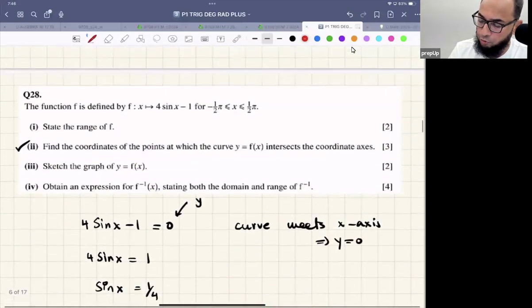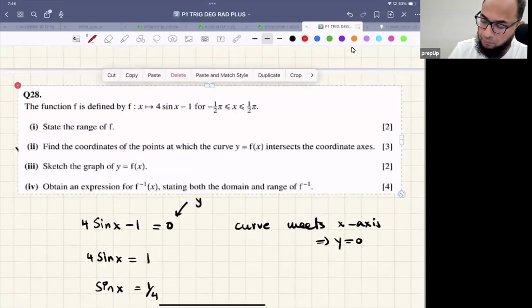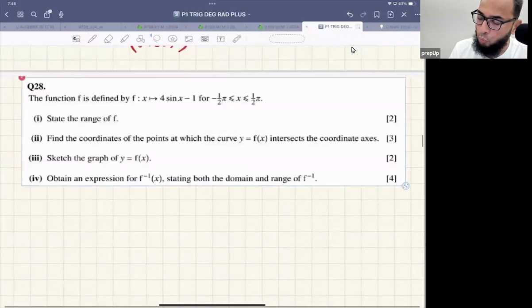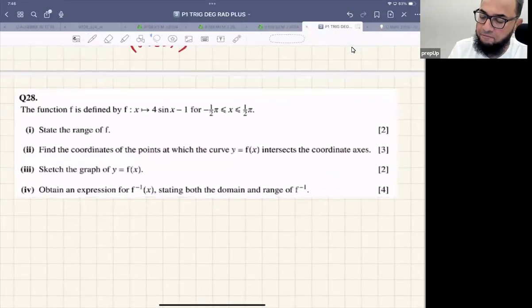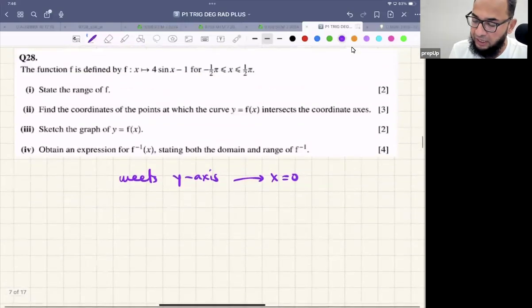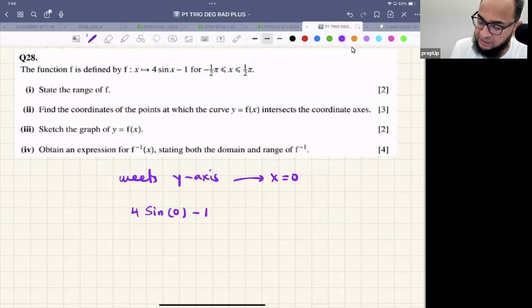What about this graph? Let me add a page. Okay, so let me copy the question. What about where it meets the y-axis? Therefore, x is equal to 0. So 4 sine 0 minus 1, which is 4 into 0 minus 1, which comes out to be negative 1.